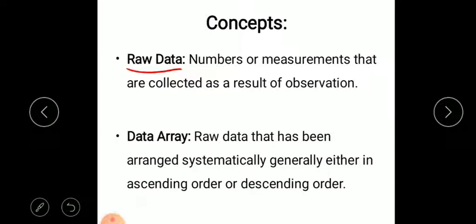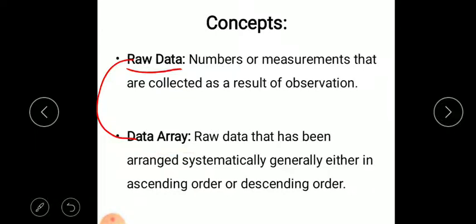Now after noting down, you take that paper to your study table later on, and you want to analyze this data. To make analysis of this data easier, you convert this raw data into something known as a data array. So what is a data array? Raw data that has been arranged systematically, either in ascending order or descending order.